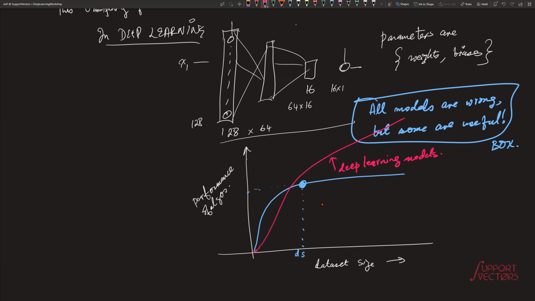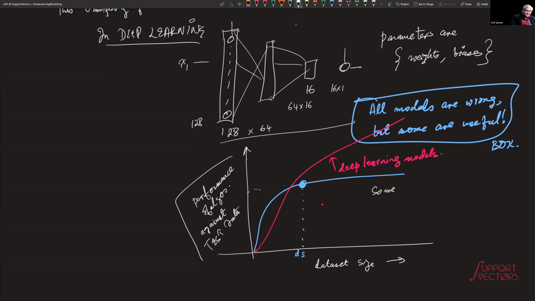In this performance, is it against the testing data or is it training data? Against the testing data. So let me put all those caveats. What I'm saying is, we observe a performance of algos against test data.